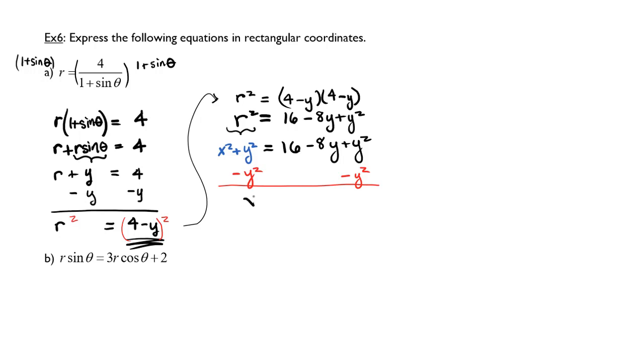This gives me x squared equals 16 minus 8y. Just for formality's sake, we're going to add 8y to both sides. And we get x squared plus 8y equals 16, and that's my answer.